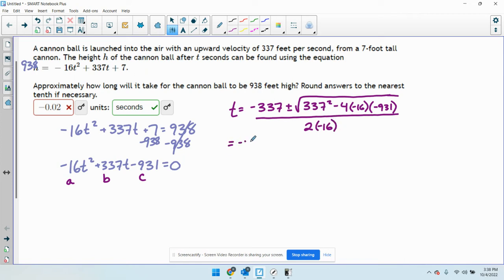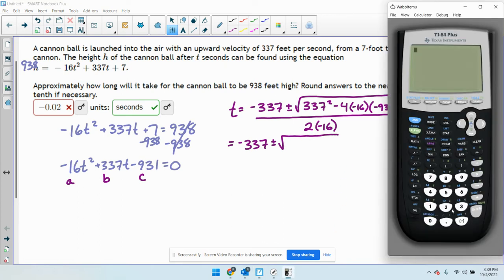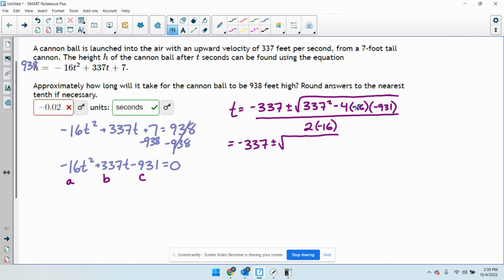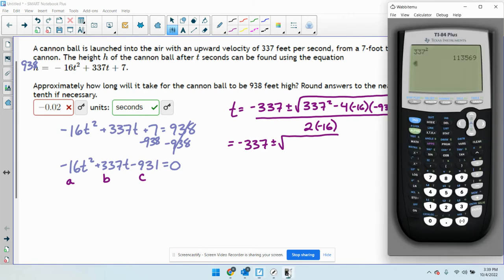Okay, so this is going to be negative 337 plus or minus the square root. I'm going to figure out what that discriminant is. That's called the discriminant, the thing inside. 337 squared, and then I have 4 times negative 16 times negative 931.